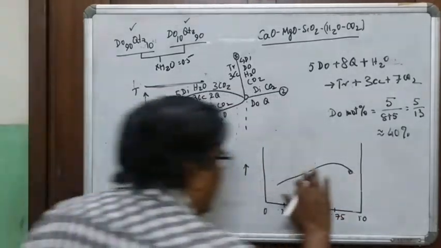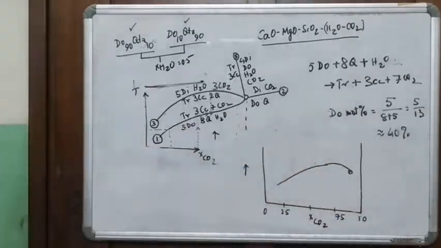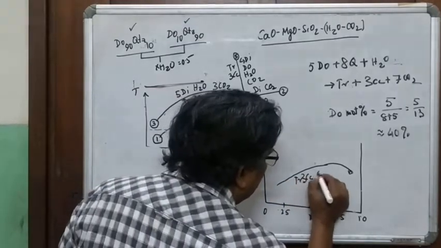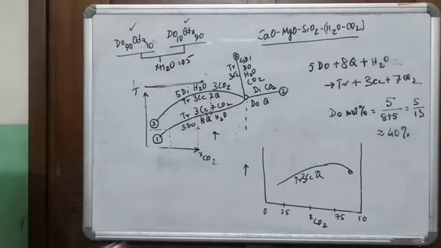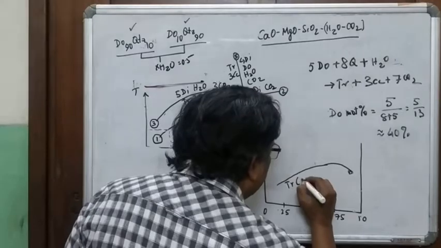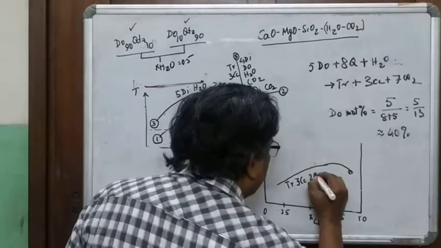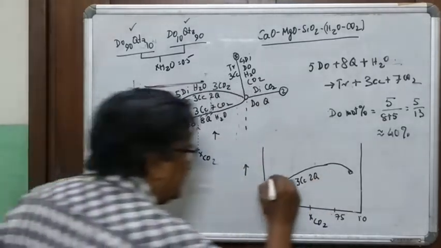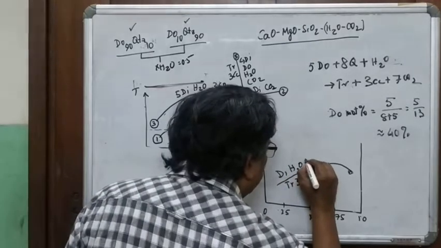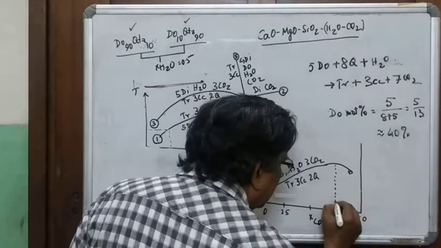This is what will be the topology of the reaction. Tremolite, 3 calcite, 2 quartz gives diopside, H2O, 3 CO2. This peak will be at 0.75.